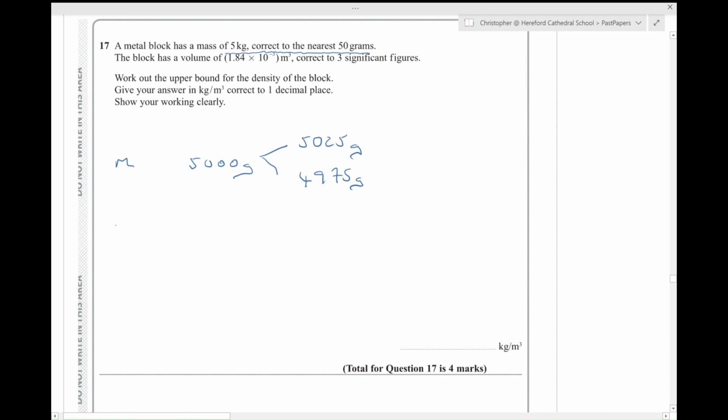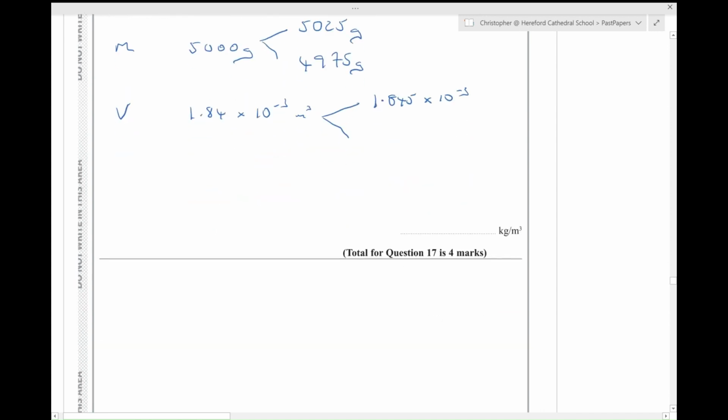And the block has a volume of 1.84 times 10 to the minus 3 cubic meters, and that's correct to 3 significant figures. So the upper bound would be 1.845 times 10 to the minus 3, and the lower bound would be 1.835 times 10 to the minus 3.